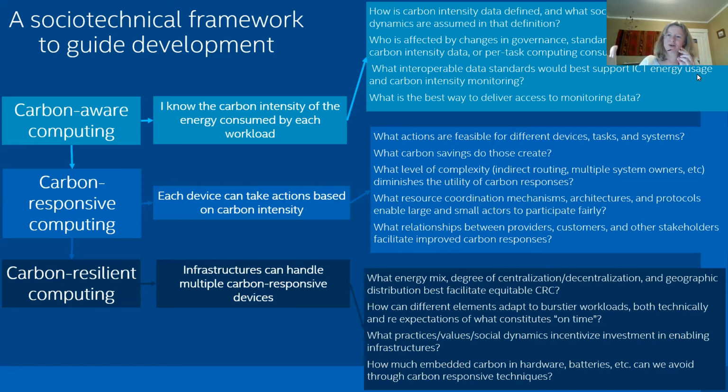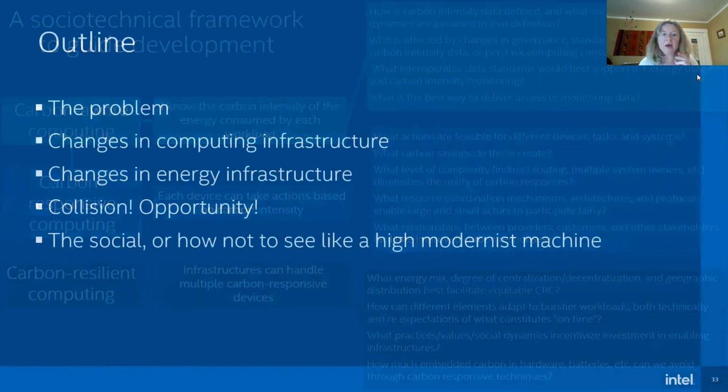If you are a networking person, then you have a problem because you have a large burst of workload, many packets you've got to deal with all at once. You might have to change how you do networking. You might need to change how many batteries exist at a particular site. There are all sorts of follow-on infrastructure questions that arise once we start thinking in these ways.